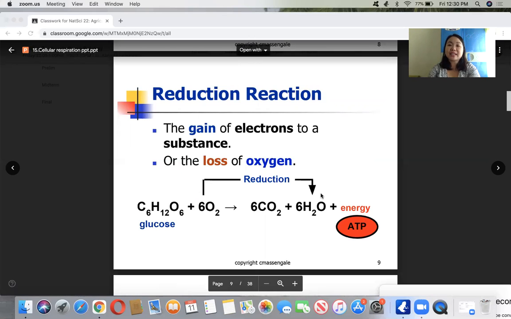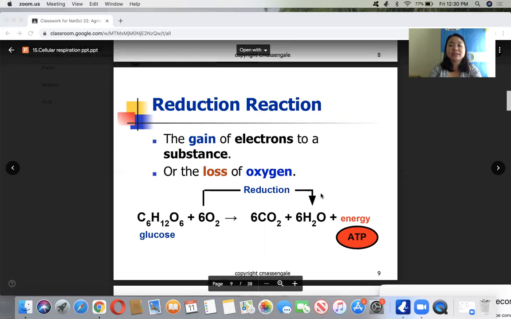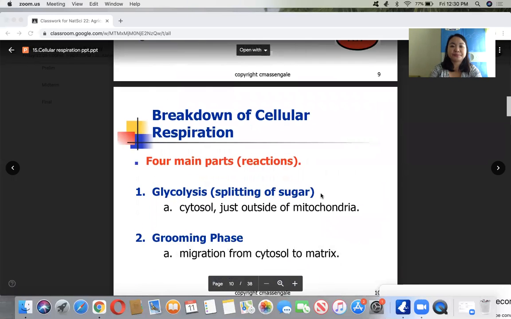So again, photosynthesis and respiration involve oxidation-reduction reactions.